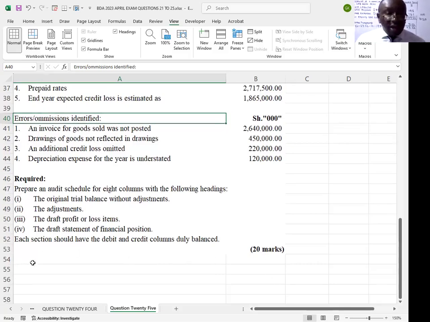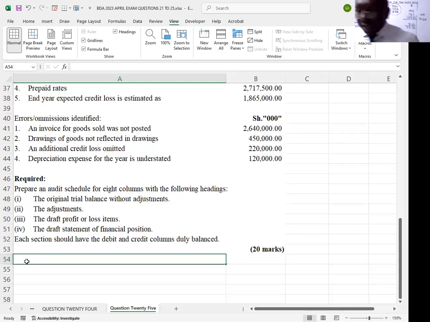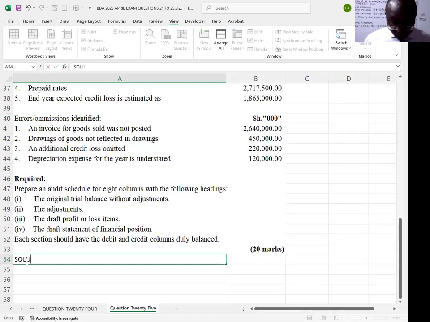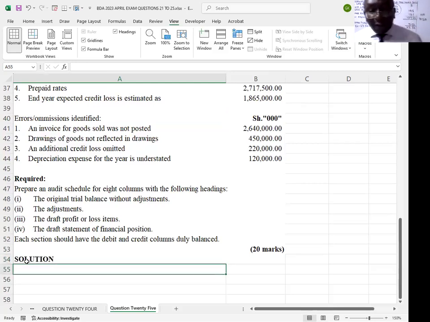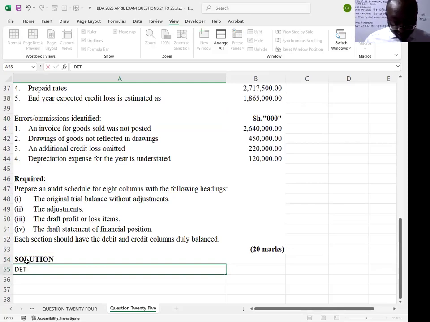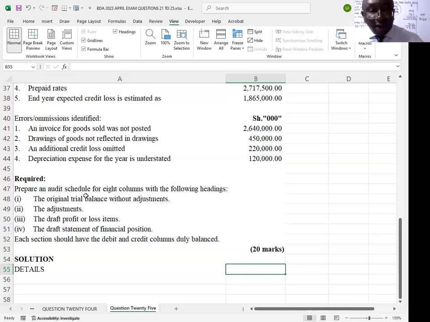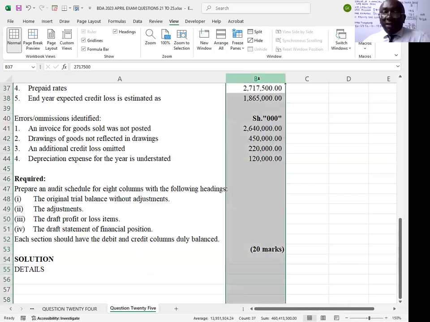Good. So with that, we come here and make the solution. We will have the details here. We require 8 columns because of these 4 items. So first of all, let me adjust this column.